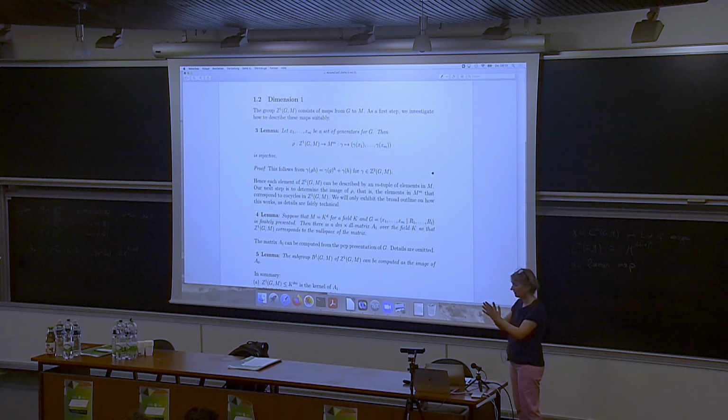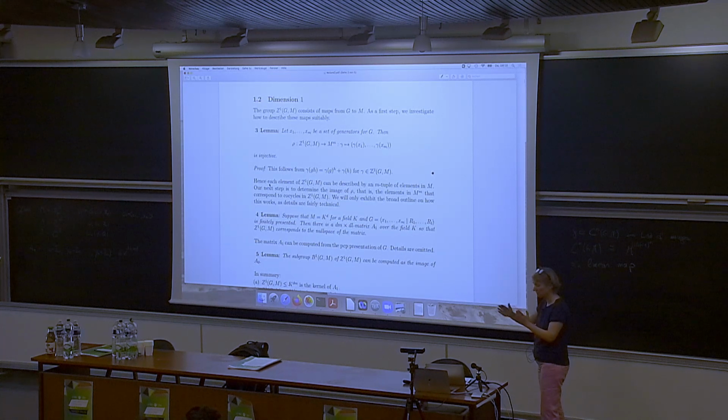Instead of looking at images of all the elements, that's too much. In particular, if the group is infinite, you can't do that. So you need a smaller representation of Z1 that is actually computable. And the first lemma gives you this representation. You again take a set of generators for your group, and you define a map, I've called it rho, from Z1 to a space over M, an m-dimensional space over M, and you just take the images of the generators.